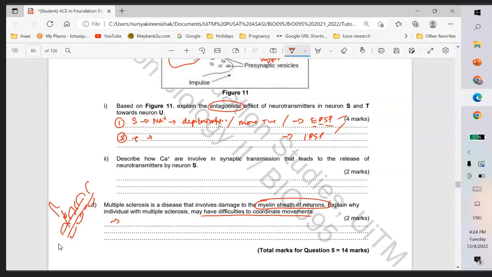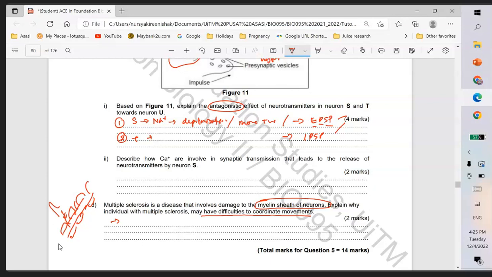So without the myelin sheath, if the myelin sheath is damaged, the neuron is not insulated, one point, and then causes, apa effect dia adalah, it causes action potential to travel more slowly. Salah satu kenapa axon tu dia ada myelin sheath, so that boleh berlaku saltatory conduction. Impulse generated only at the nodes of Ranvier.